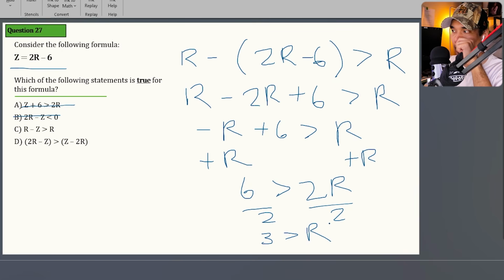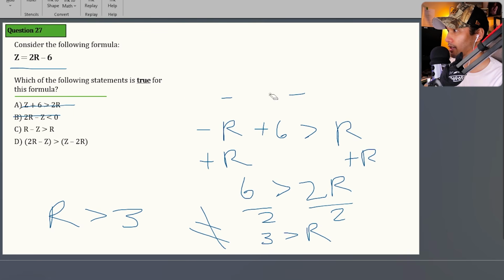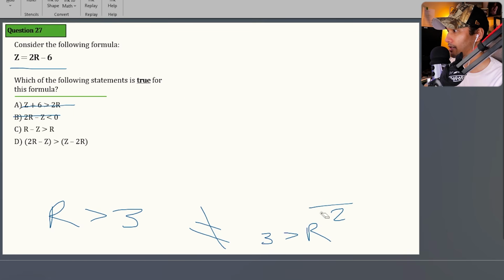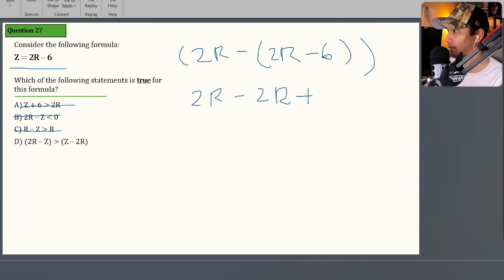Well, no, that's not always true, because what if we had values greater than 3? So if R is greater than 3, then this would not be true. Okay? That's what that means. So let's go ahead and test our last statement, which is kind of a monster. So we have 2R minus, and then we have 2R minus 6. I'm just going to do this right here. So we have 2R minus 2R plus 6.